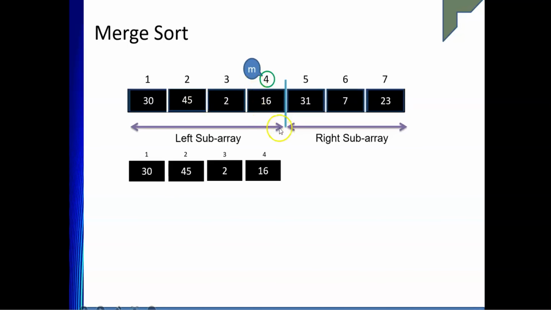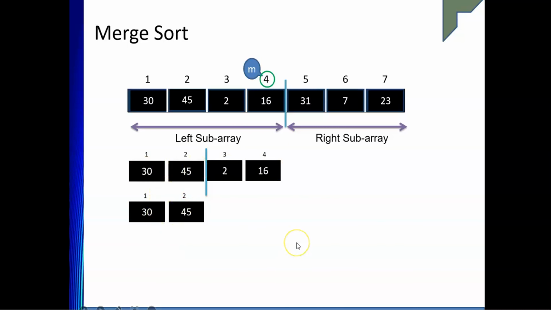So this is my left sub array and this is my right sub array. Now I take this left sub array, positions 1, 2, 3, 4. I will again divide it into two, because 1 plus 4 is 5, and 5 divided by 2 is 2.5, and I take the floor value, which is 2. So 1, 2, and then 3, 4. Again I take this array and divide it.